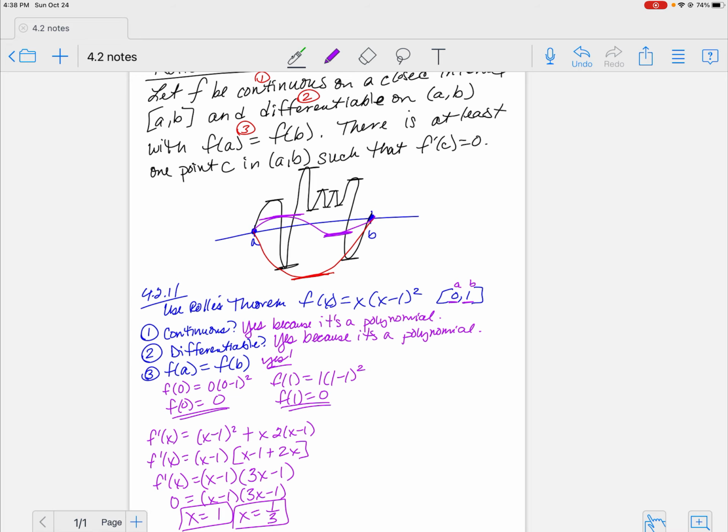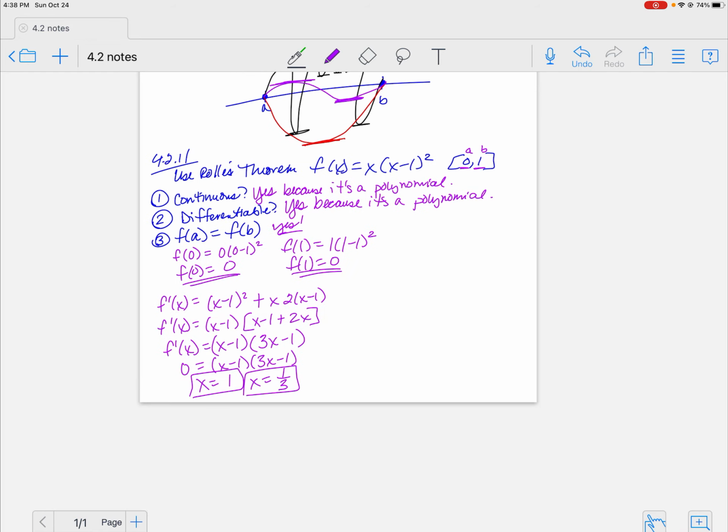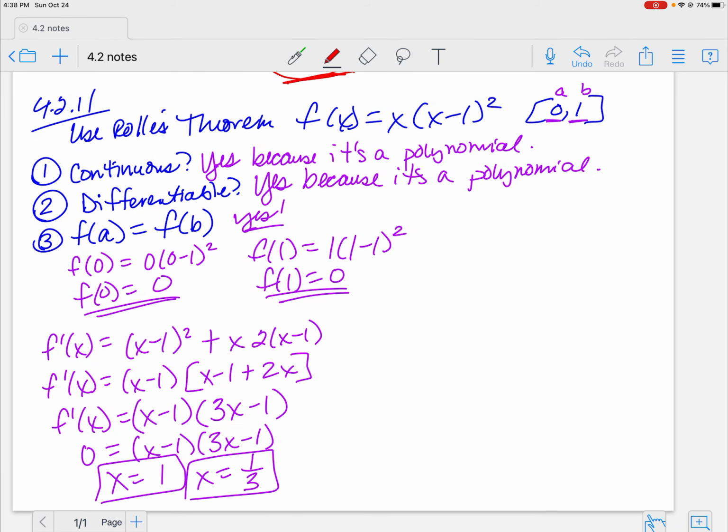So let me squeeze this in so you can see it better. Make this bigger. This 1 right here, I'm going to snake it up there. Hitting on that 1, that's not going to work because I have to have an open interval. Do you see that? So what's the only value that is going to work there? Yeah, 1/3.